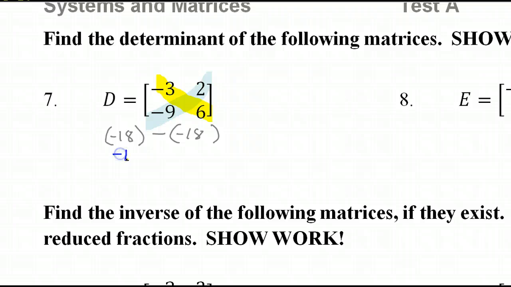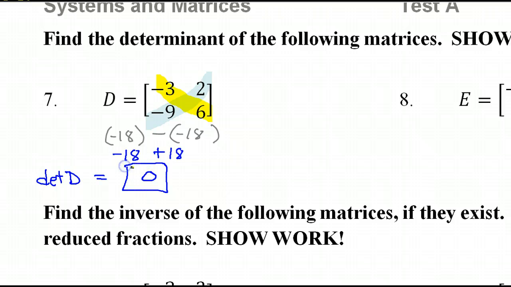All right, well that's negative 18 plus 18, which is 0. Okay, so the determinant of matrix D is 0. Good to know.